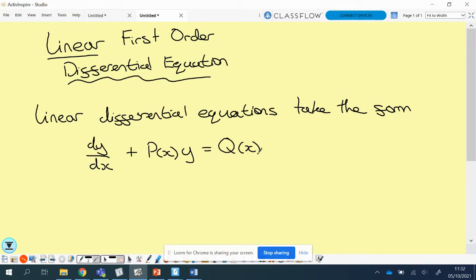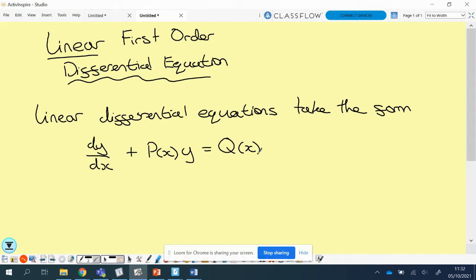Okay, so we've got two different functions in our formula there. We've got dy by dx plus some function p of x multiplied by y equals q of x there. Okay, so we can't separate them because we've already got functions of x on each side. Therefore, this takes a different format.